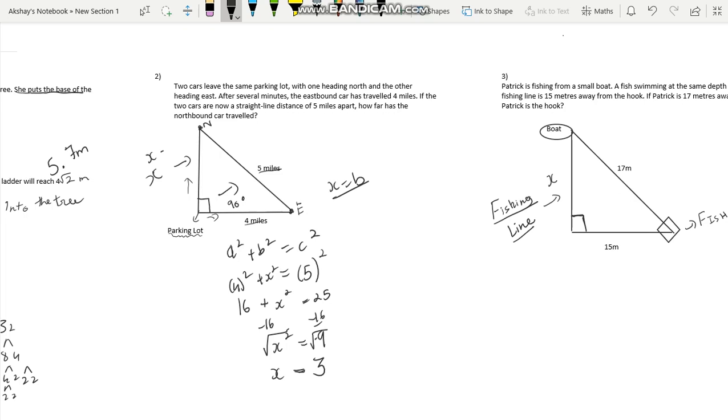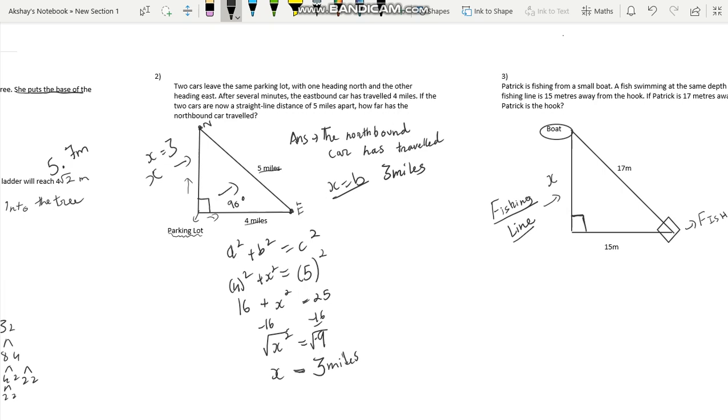How far has the northbound car traveled? Well, the northbound car has traveled 3 miles. That's the measurement they use here.